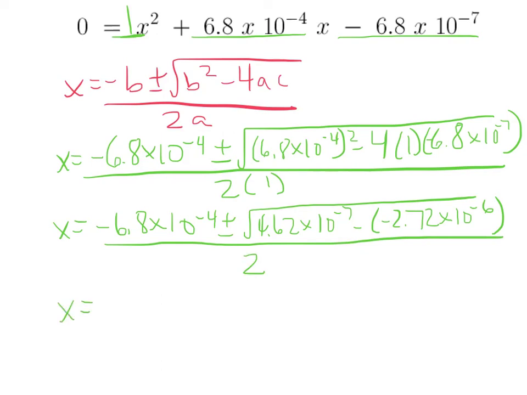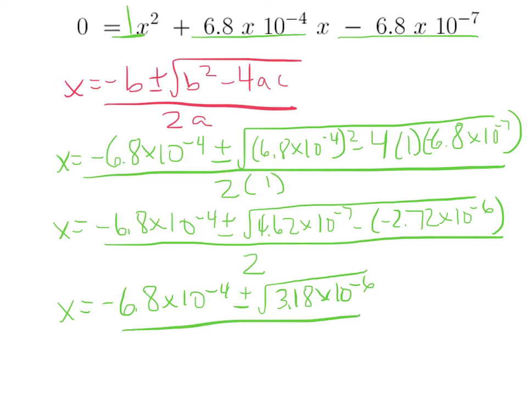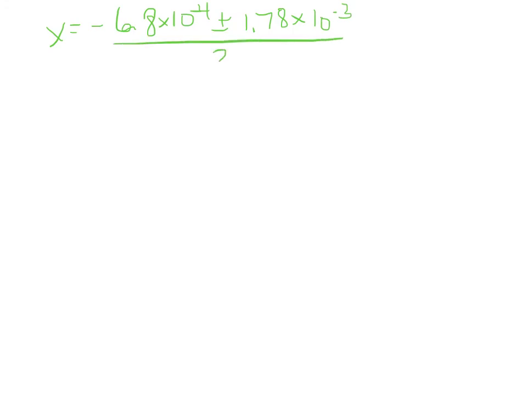So x is equal to negative 6.8 times 10 to the negative 4 plus or minus the square root of 3.18 times 10 to the negative 6, over 2. So now we have x equals negative 6.8 times 10 to the negative 4 plus or minus the 1.78 times 10 to the negative 3, over 2.